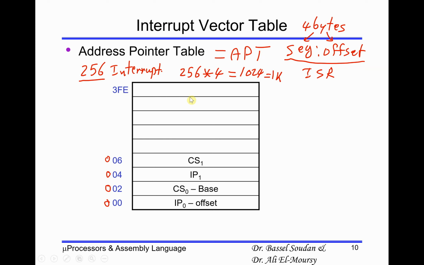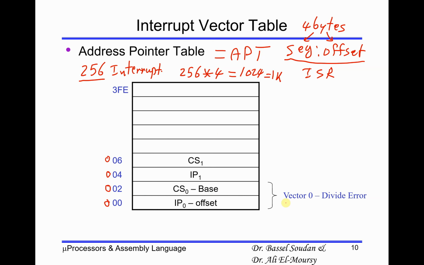Now, if I'm receiving interrupt number 50, those addresses are in order. The first 4 bytes are for interrupt number 0. The second 4 bytes are for interrupt number 1, and so on. The combination of segment and offset, we call a vector.